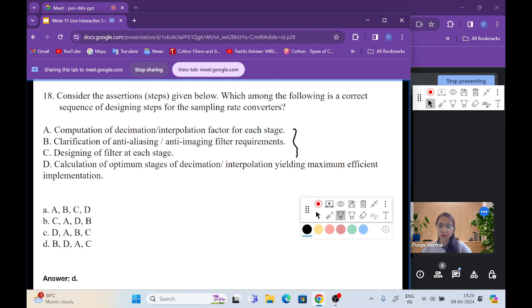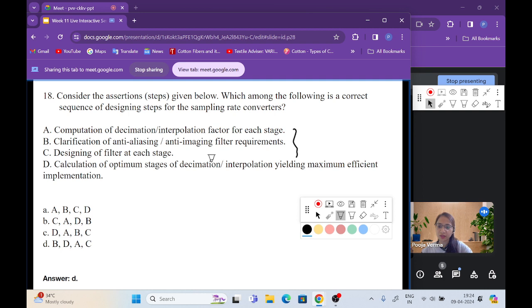What we need to do first is find out the clarification of anti-aliasing or anti-imaging filter requirements for the decimation or interpolation. That is B. Then D, calculation of optimal stages of decimation, interpolation, yielding maximum efficient implementation.